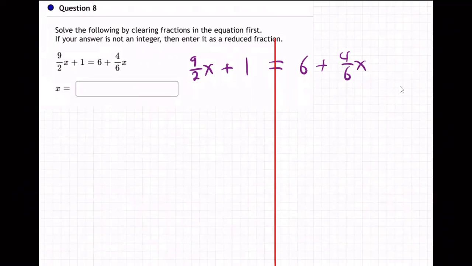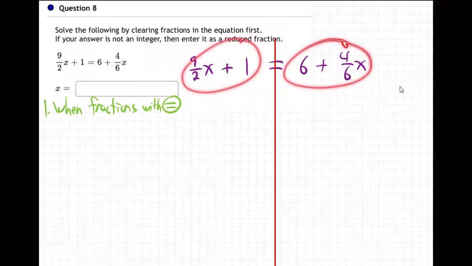So what do we do? We have fractions. Let me write it over here. When there's fractions with an equal sign, that's the key. We have fractions and we have an equal sign, an equation. We have a left side and a right side.